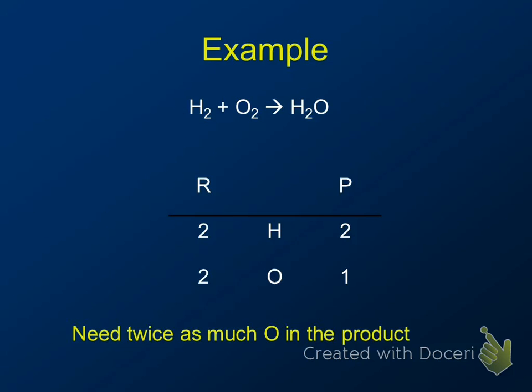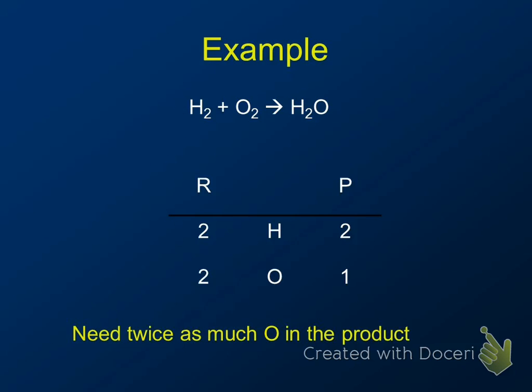So you've counted your atoms. The next thing you're going to do is add coefficients to make it right. So where might we add a coefficient to make this equation balanced? Which element do we know we need to fix? Oxygen, okay. And on which side of the equation?